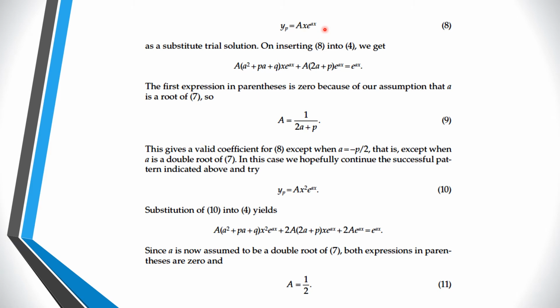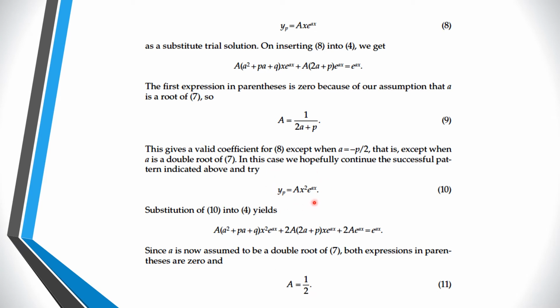But if again small a is a solution of your left hand side, it satisfies this equation, so again these factors will be 0. You cannot find out the value of capital A, so in that case you have to choose yp to be A times x square into e to the power ax, and at last your value of capital A will be half, which is not 0, right? So this is your final solution in that case.